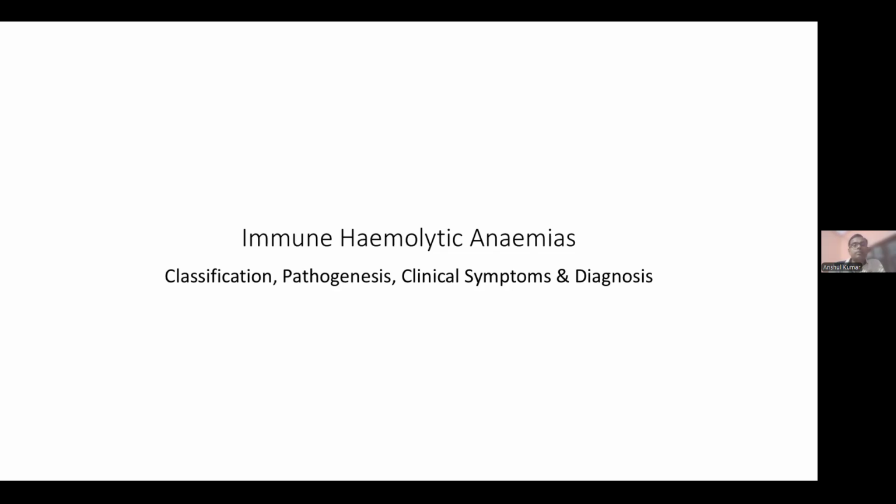As the name itself suggests, immune means the antibodies. Hemolytic means lysis of red blood cells. And as the lysis of red blood cells takes place, obviously anemic conditions are caused. Now we will see the important mechanism of immune hemolytic anemias, their etiology or causative agents, the important clinical symptoms, and diagnosis.